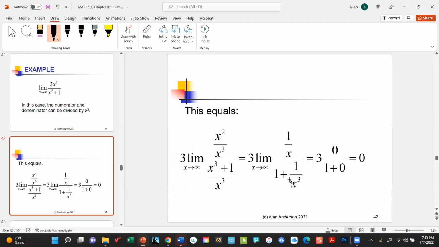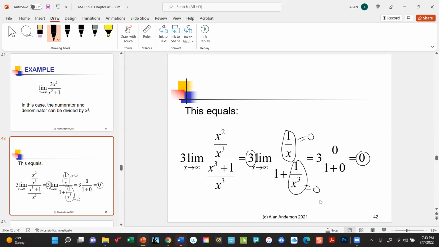In the denominator, we have 1 plus 1 over x cubed. And now both of these, with direct substitution, will give me a 0. So I got 3, remember, there's still a 3 here, times 0 over 1 plus 0, which is the same as 3 times 0 over 1, which means we just end up with 0.